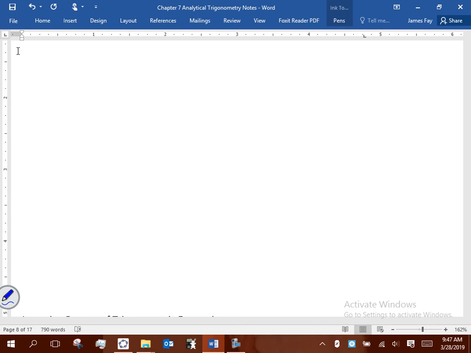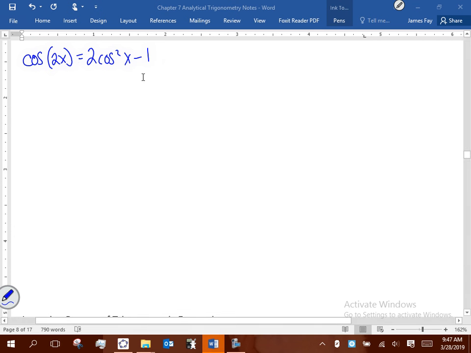So cosine 2x equals 2 cosine squared x minus 1. That thing's going to help us come up with our half angle formula. And ultimately, guys, if we were just to solve this for cosine, it gives us the half angle.